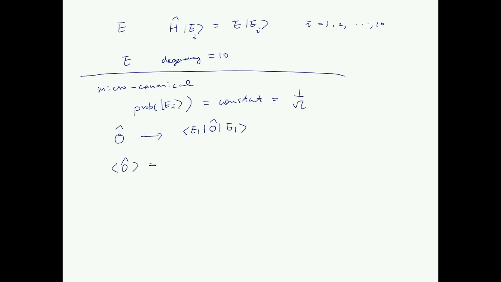The first step is kind of classical. So the first part is classical: I sum over all possible states, and what's the probability of E1, or the probability of that state? So this is the classical probability.